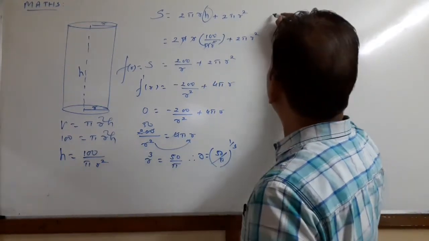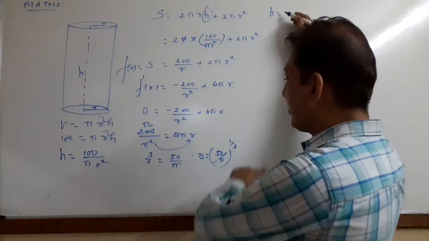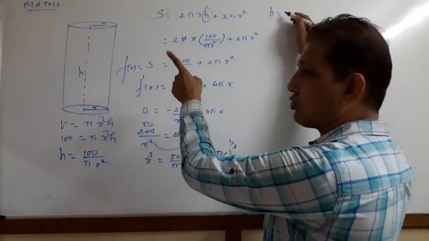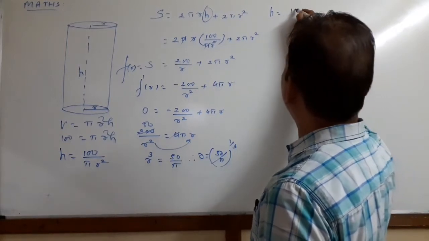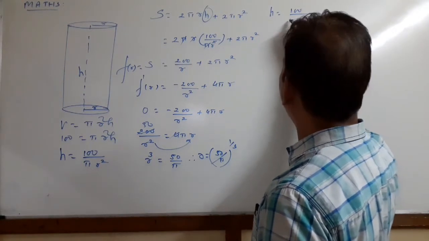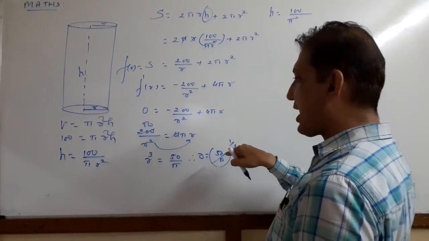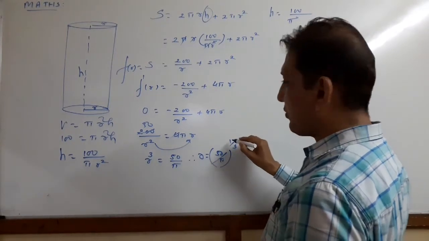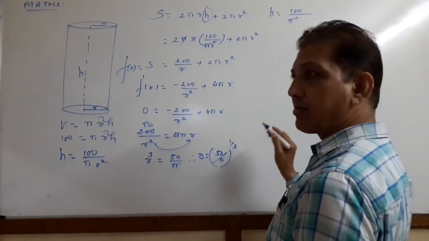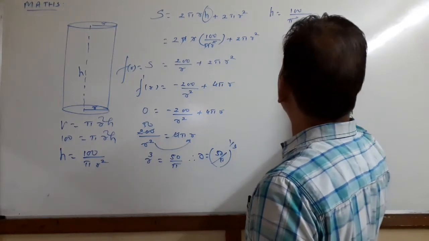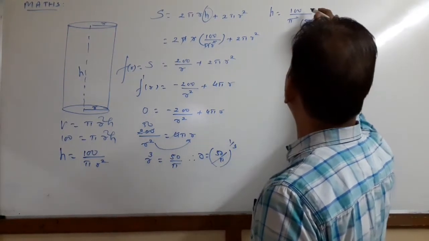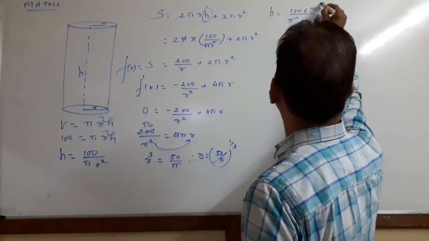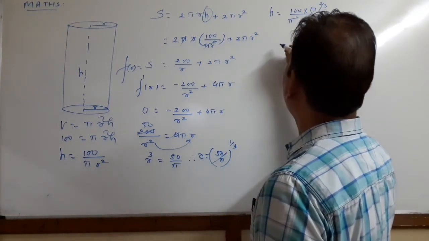We have found the value of r, and we need the two dimensions r and h. So h equal to 100 upon pi r square. Now the square of power 1 by 3 is power 2 by 3, so 50 power 2 by 3 and in the denominator pi raised to 2 by 3.